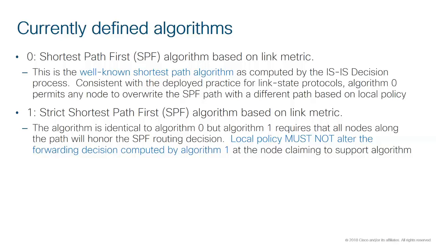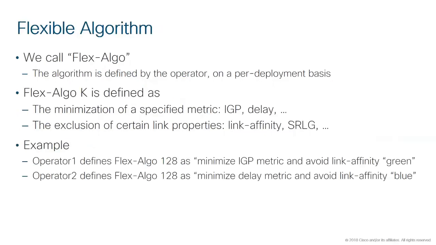You are sure that it will be the path that you have computed from the source according to the link state database. So these were the two algorithms that were defined up to now, 0 and 1. But now, as I said, we're going to allow you to add algorithms, and they will be starting at algorithm 128.